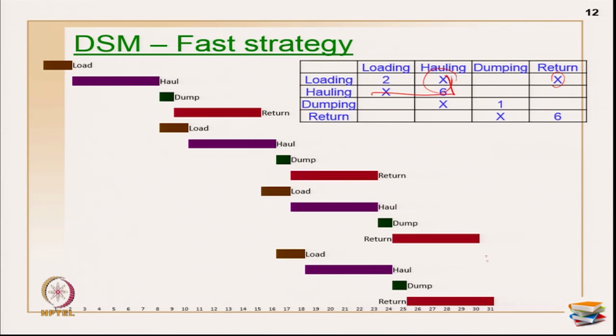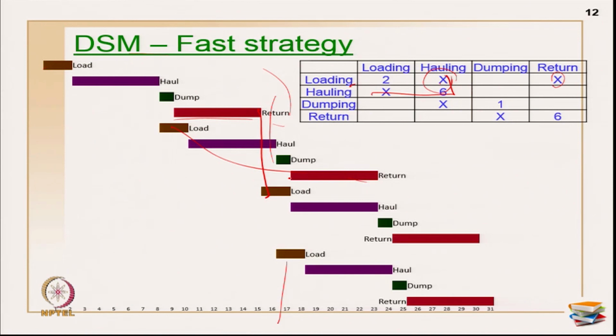So, how will this be executed? The load to return process takes the same 15 hours. But as soon as my hauling process is done, I can start my loading, and as soon as my return operation is done, I do one more loading also. So, it is like multiple resources are there, and you can go ahead with your loading operations and so on.